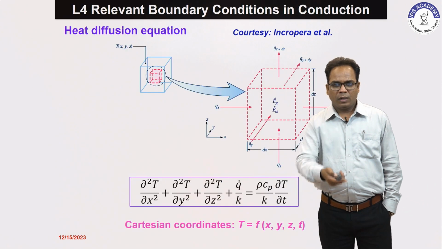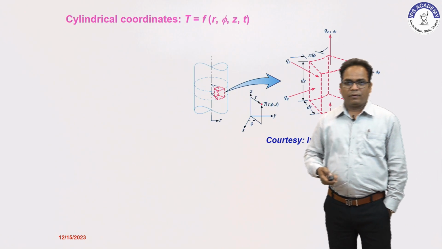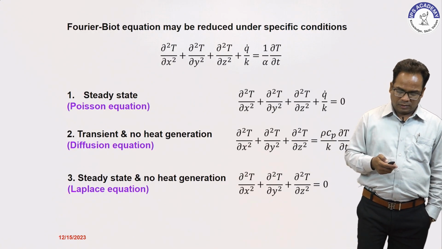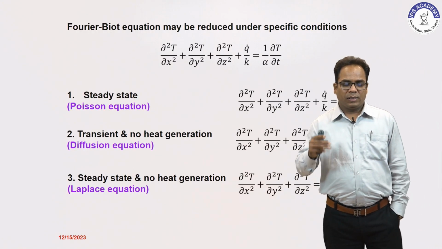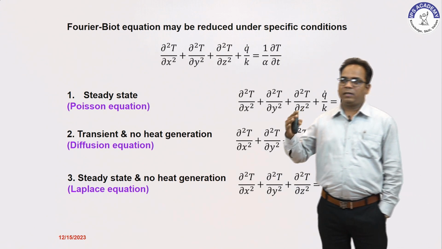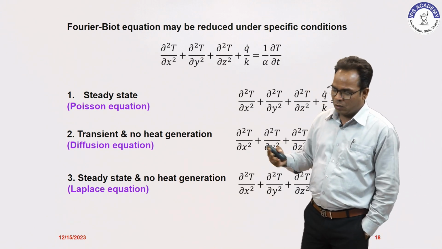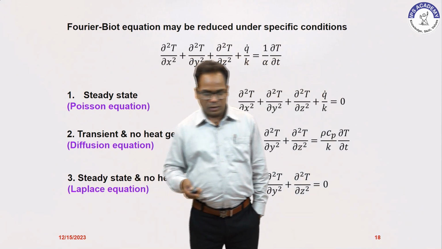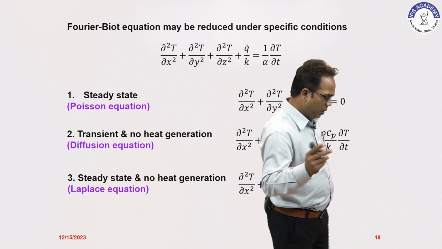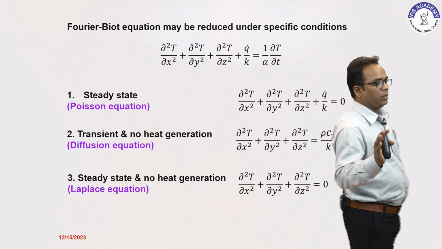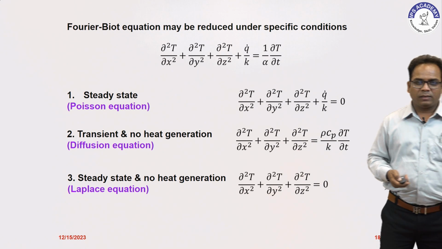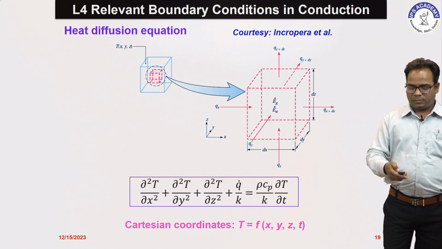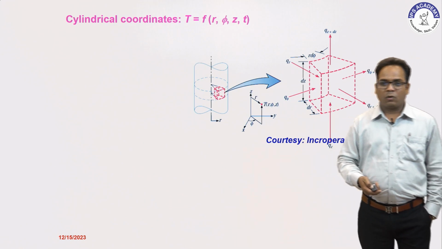Now, we considered the simplest possible geometry, that is the Cartesian coordinate. Similarly, we have other coordinate systems, like the cylindrical and spherical coordinate systems. We will not go into that detail, but we will look at the mathematical form of the heat diffusion equation in cylindrical coordinates.